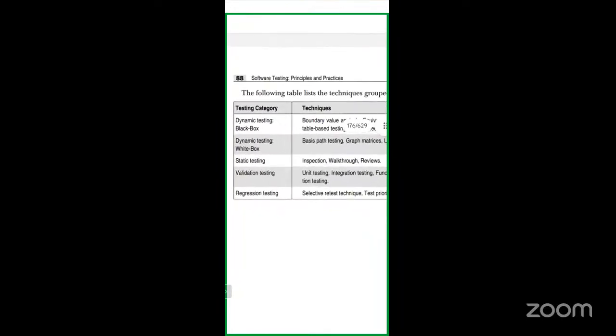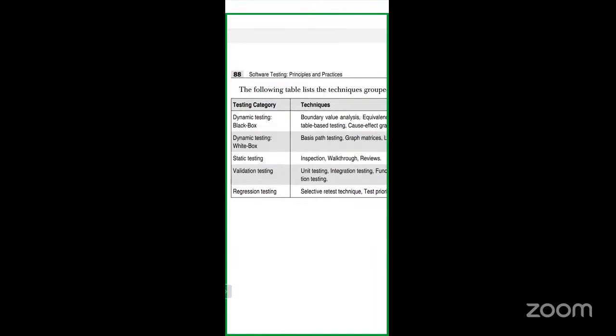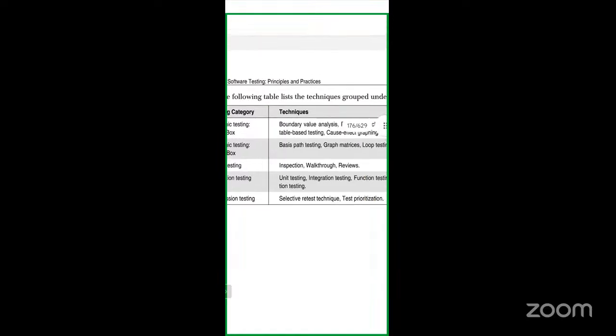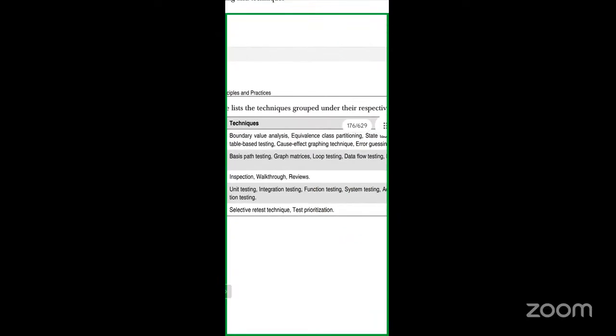Okay, so first, dynamic testing, which is the other name for black box testing and white box testing. In black box testing, we are having boundary value analysis. That is where the boundaries are going to be defined. Based on those values, we are going to analyze the testings, that is what the module size is and how we are going to go for the testings.